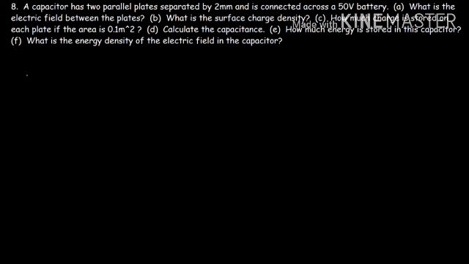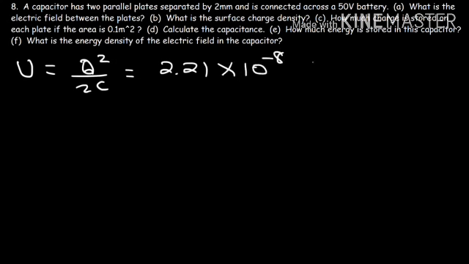So there's a lot of equations that we can use. So let's go ahead and use this equation. U is equal to Q squared divided by 2C. We've used the other forms, so let's use a different form of the equation. So Q, the electric charge, is 2.21 times 10 to the negative 8 coulombs.